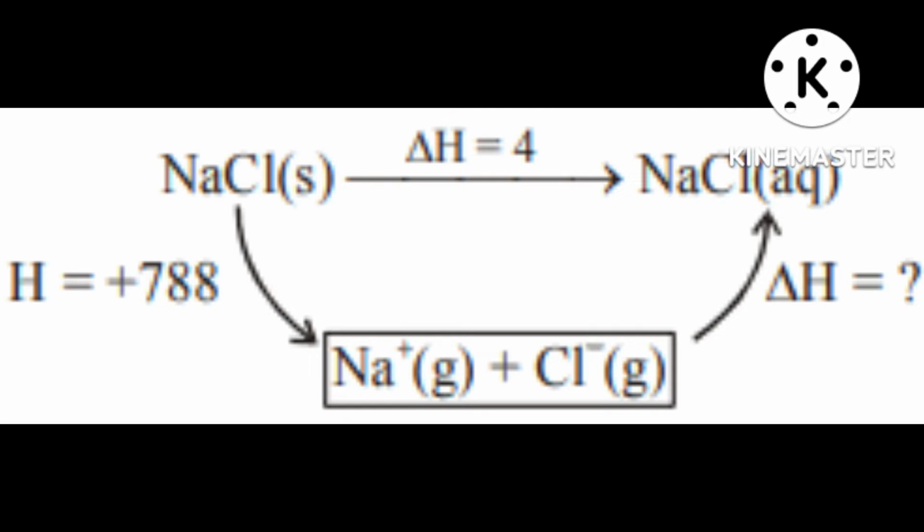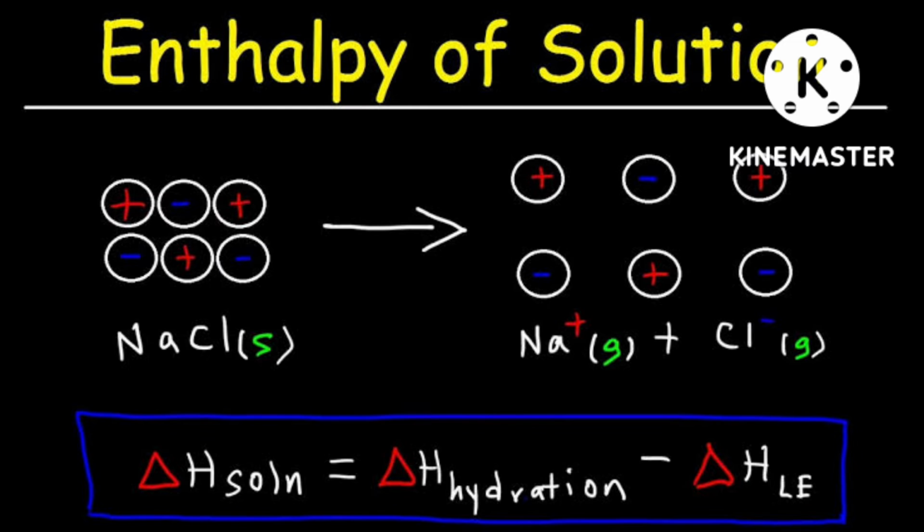You have to bring the ions from solid to gaseous state. NaCl was solid, and you want to bring it to the gaseous state, so a total of 5 steps are involved. I will tell you step by step.